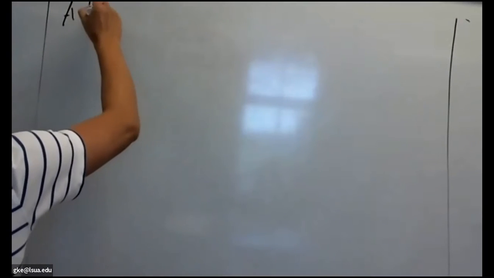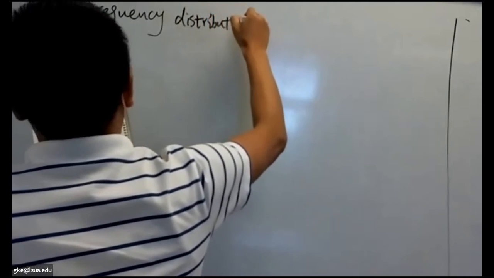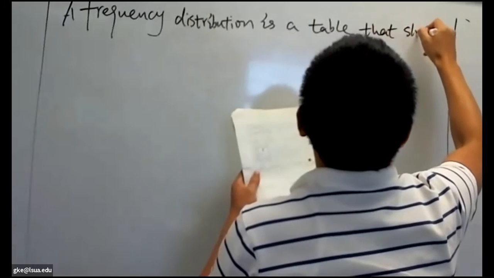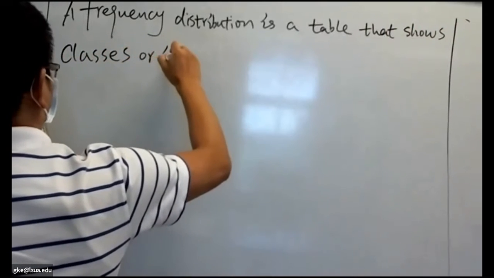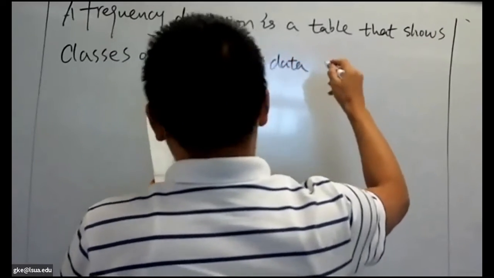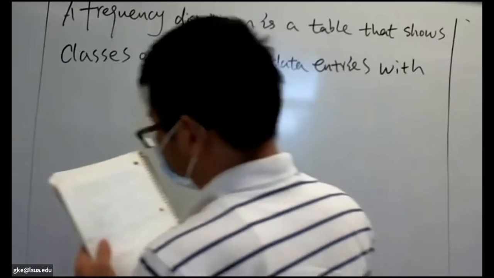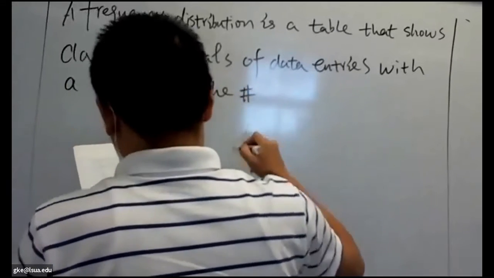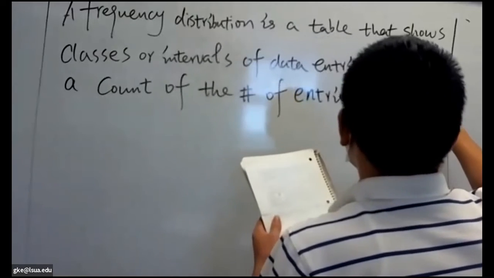So our frequency distribution is a table that shows classes or intervals of data entries with a count of the number of entries in each class.